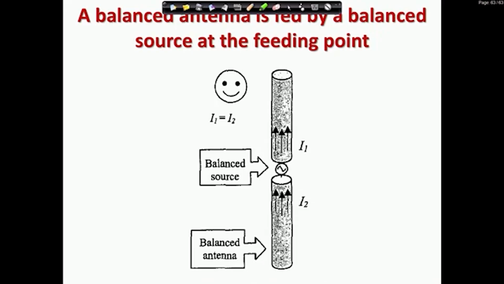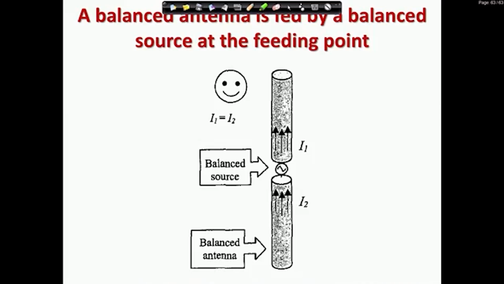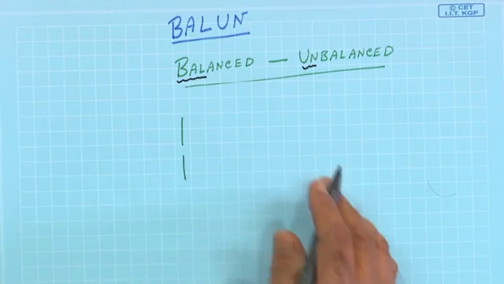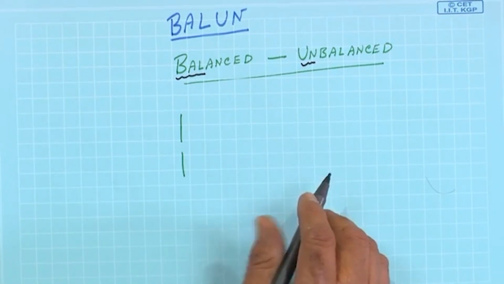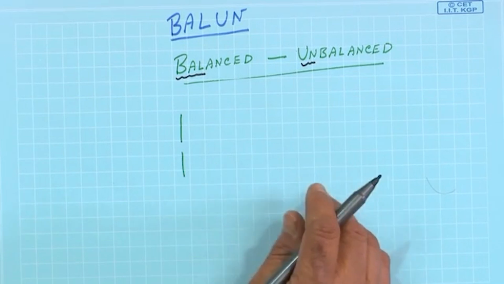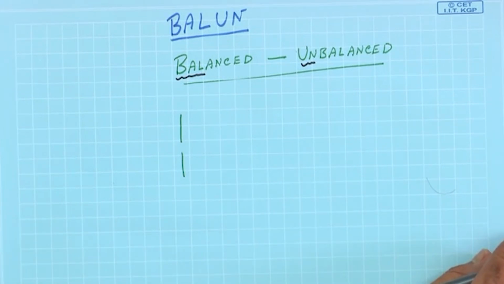You can see here that it has a symmetry plane which crosses the antenna axis at the feeding point, thereby dividing the antenna into two halves which are called two poles.